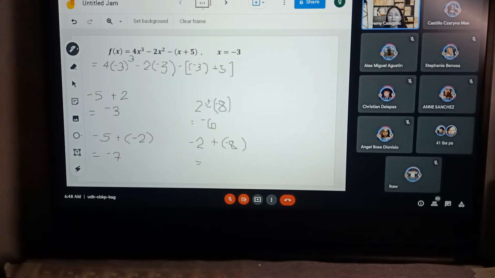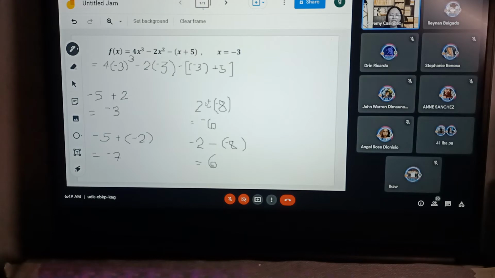Negative 10 ba? Ay, wait. Oh, sorry. Add pala kasi ginawa ko. Ulit. So, this is negative 2 minus negative 8 pala. Okay. Ano na tong difference? Benosa? Positive 6 po. Okay, that's correct.